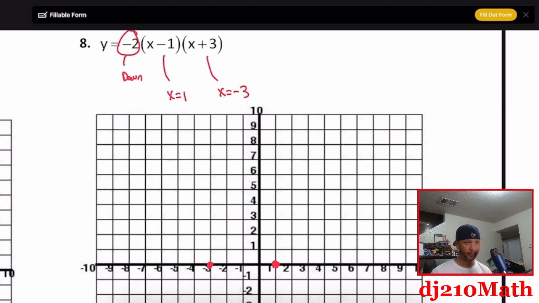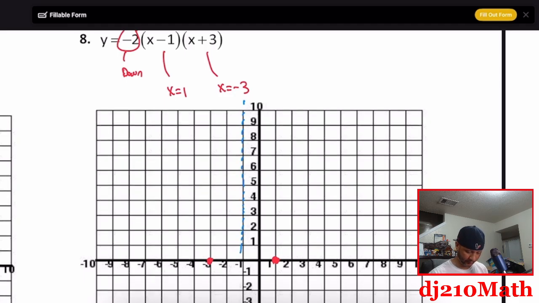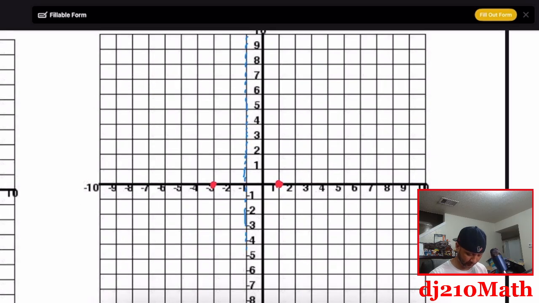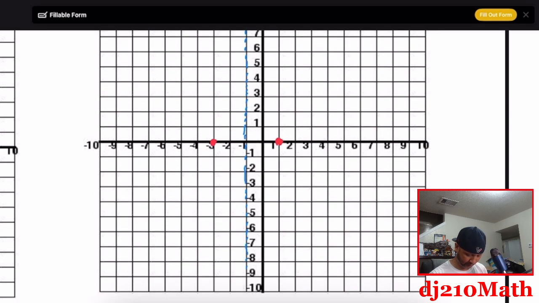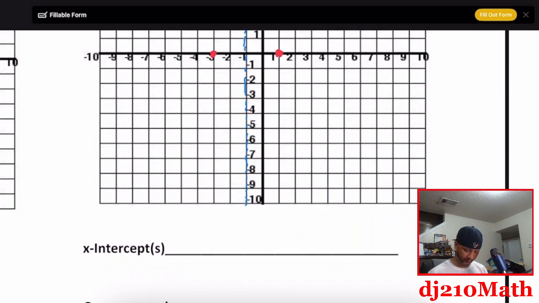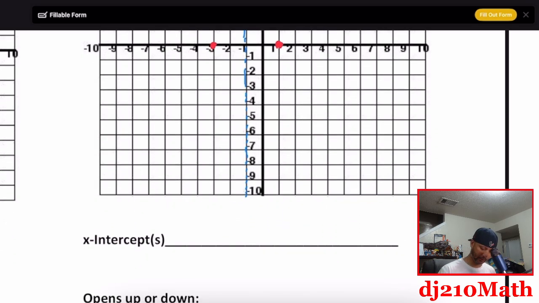Not only that, but once you find these points, I can see the axis of symmetry is exactly in the middle. 1, 2, 3, 4, so half. X equals -1. Okay. X-intercepts are -3, 0, 1, 0.